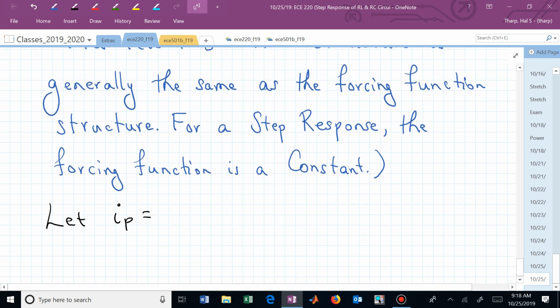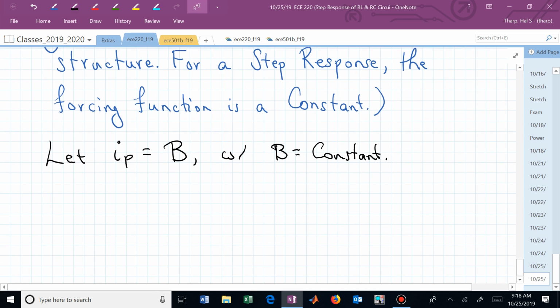So we're going to let I sub p be B. B is another constant. We're just working our way through the alphabet. Step 1, we used a constant A. Step 2, we're using a constant B. And now what we want to do is we need B. That's a constant, but we now need to find that in step 2.